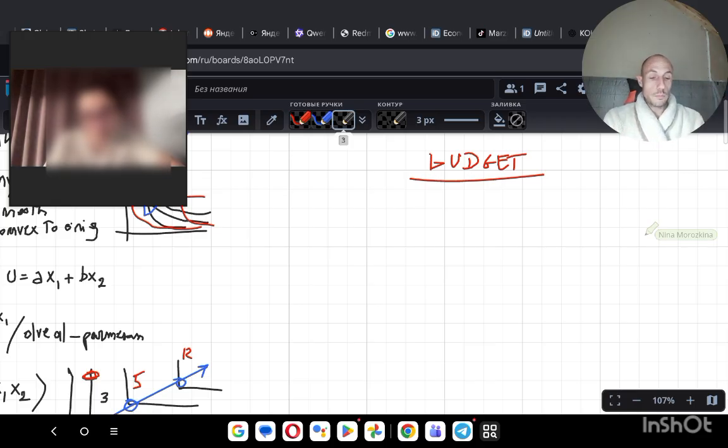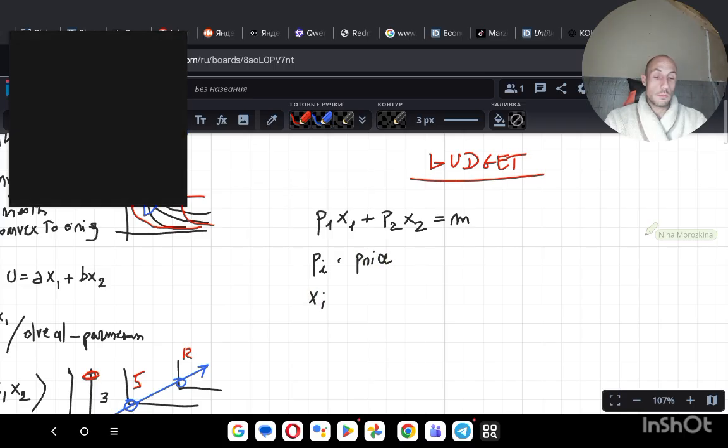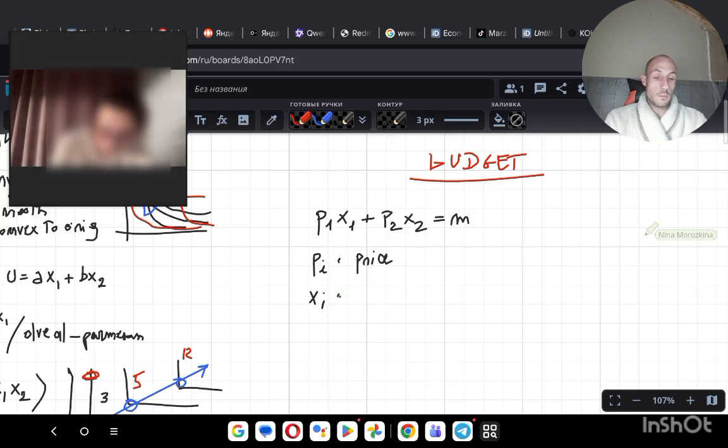So the so-called budget line has this equation: P1x1 plus P2x2 equals M, where Pi is the price of good i, Xi is the quantity, and M is the budget.